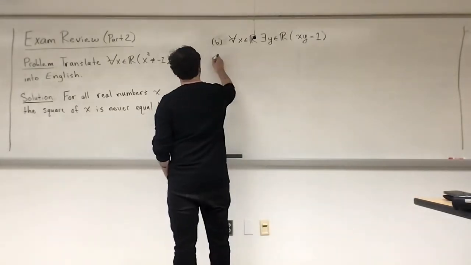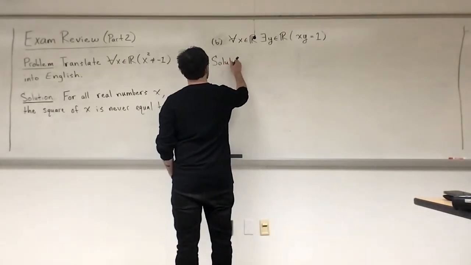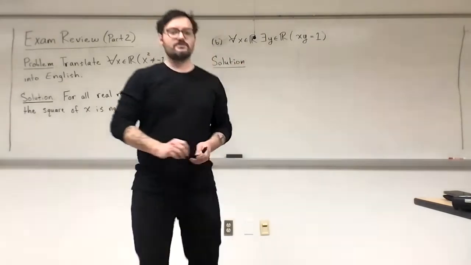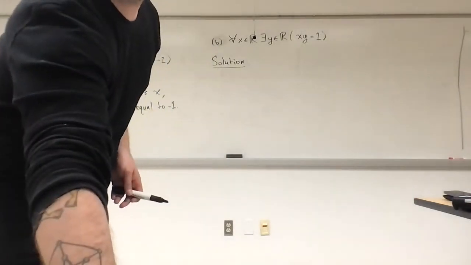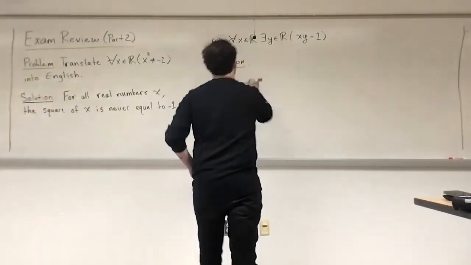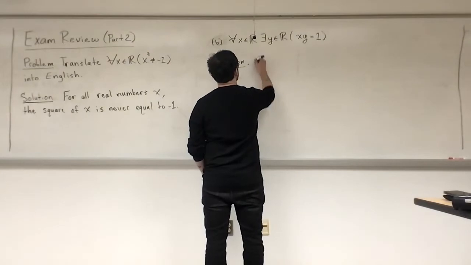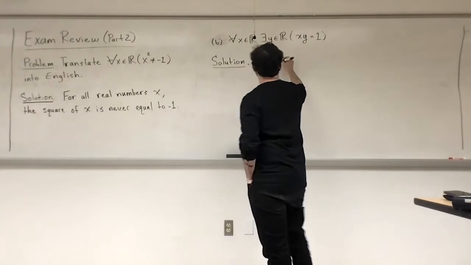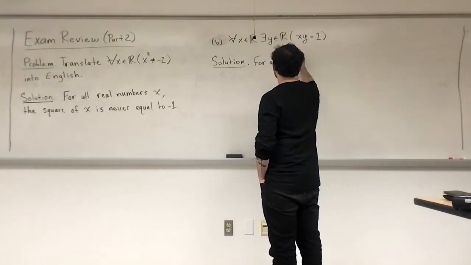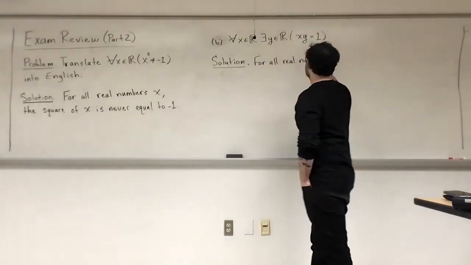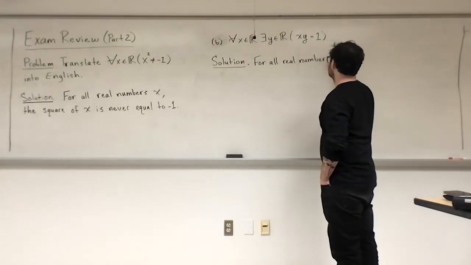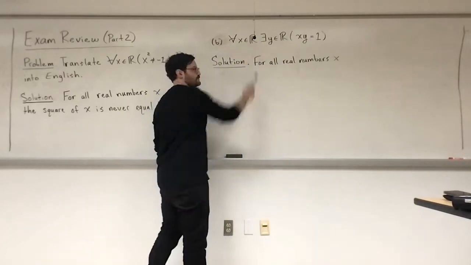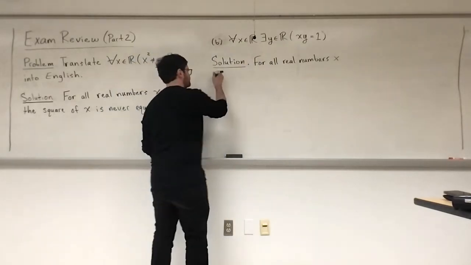So the solution here. And let me make sure that this is being picked up. Okay. This would be, let's say, for all real numbers x, and then we have the existential quantifier right there, right?